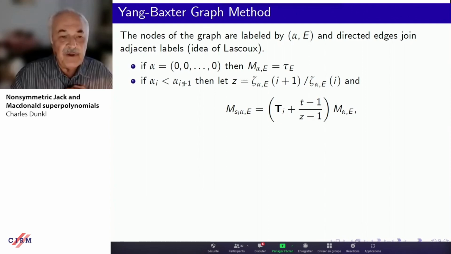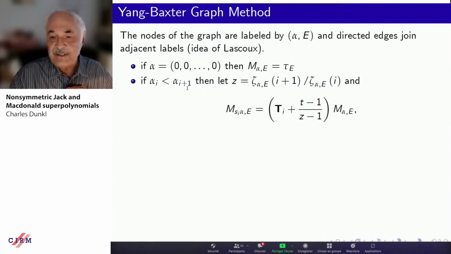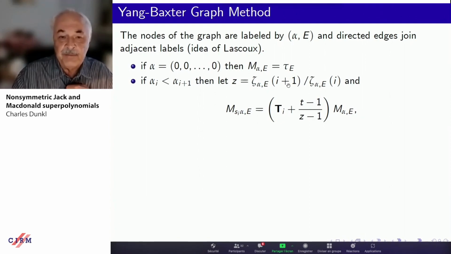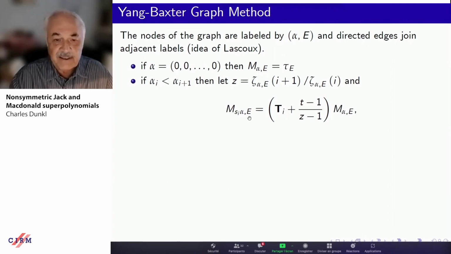If alpha i, so we argue somehow with the largest index on the right side, put z, the ratio of the eigenvalues, and then that is the formula for s. E is the same, and in alpha, we've moved the alpha i, interchanged these two values.